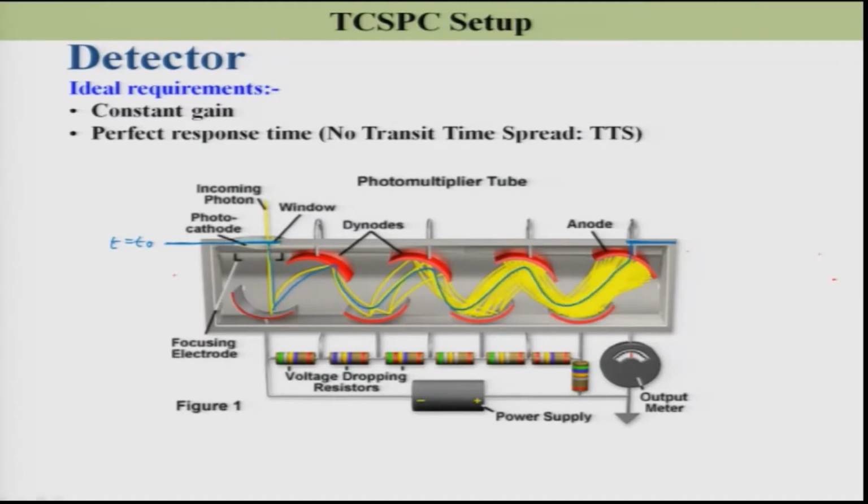Let us say it takes a time Tt. This is the total time taken for this process. So at what time will this electron pulse come out? At time t equal to t0 plus Tt. But it is no problem for me, because I will simply add this Tt during my time measurement.